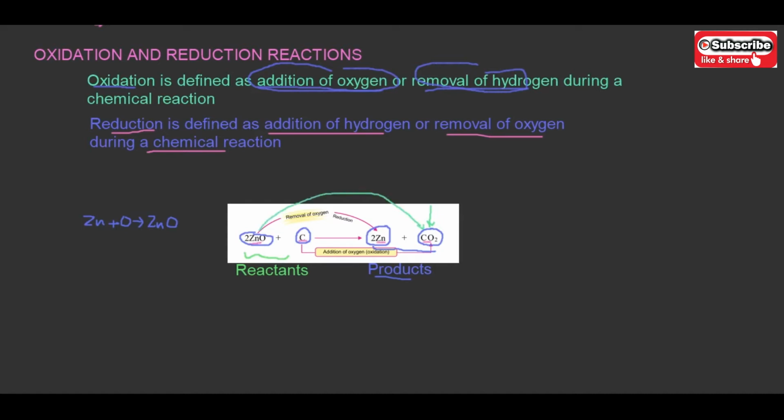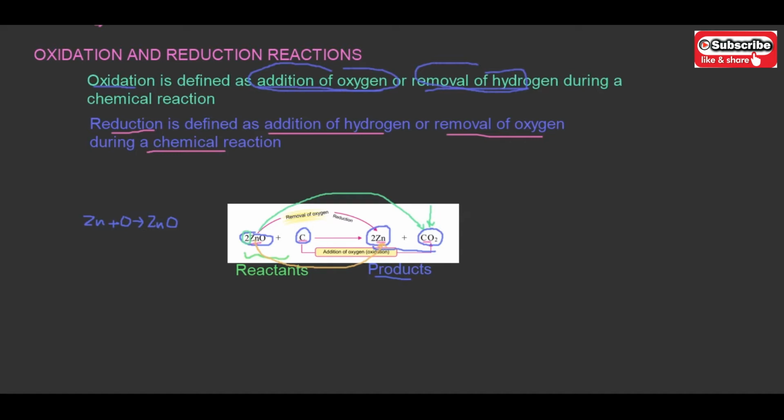Zinc oxide has donated its oxygen atoms. As you can see, we have 2 moles of zinc oxide, so it means we have 2 zinc atoms as well as 2 oxygen atoms. Now this zinc oxide donates its oxygen to carbon atom in order to form carbon dioxide. On the product side zinc is alone.